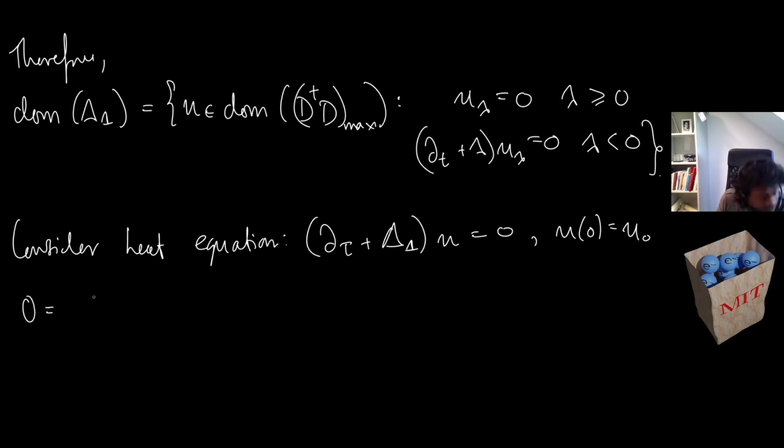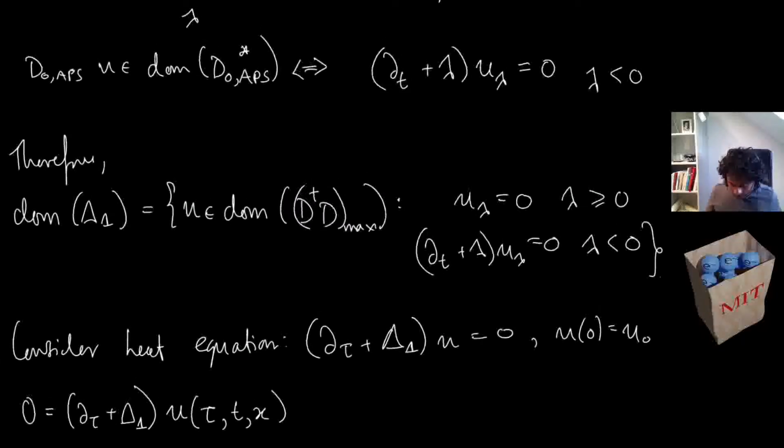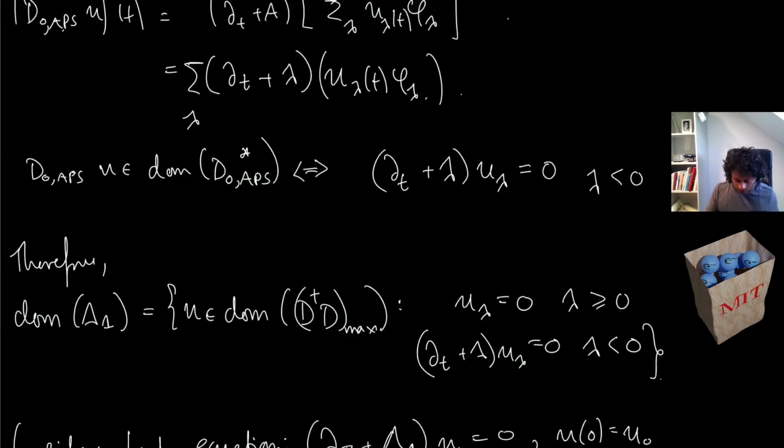So this is going to be 0, which is ∂_t plus Λ₁, and now we have to deal with three parameters, right? We have the heat parameter here, which is in the tau variable. So we have the tau here, we have the t. Because the t variable is the transversal variable, right?